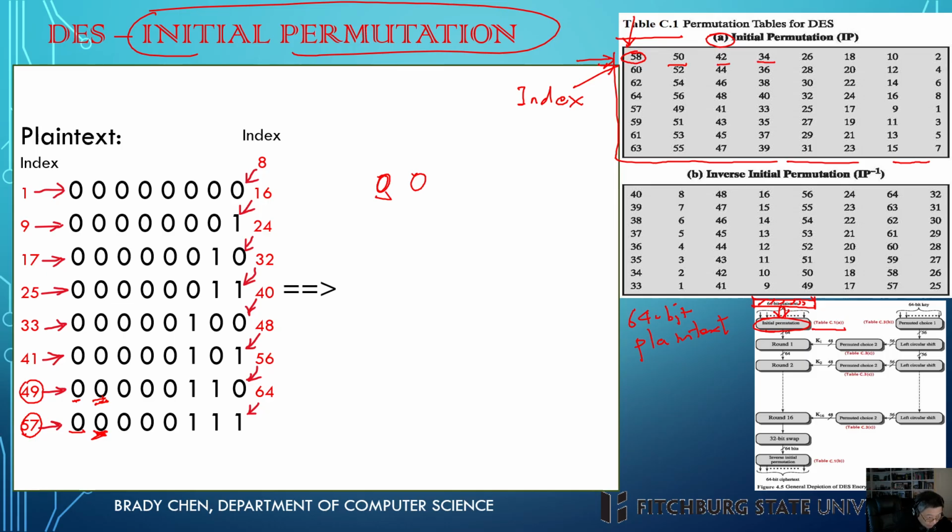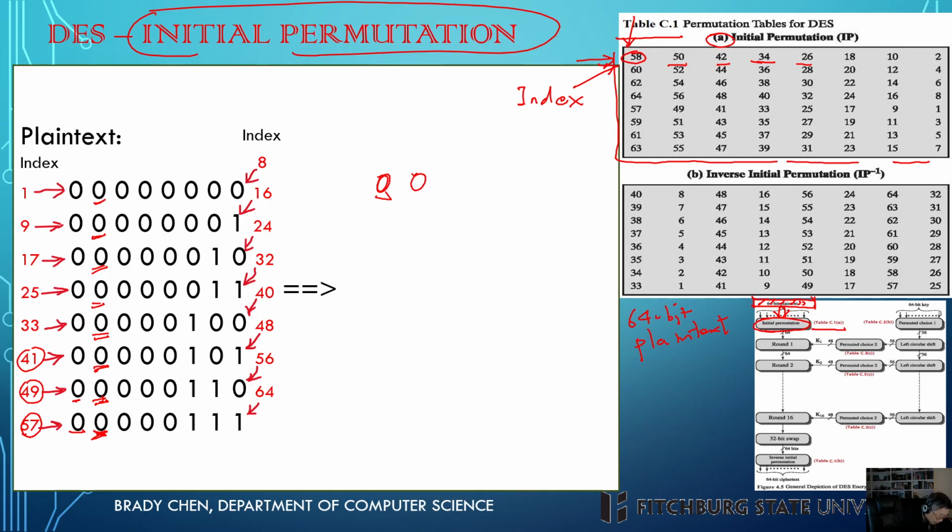Now if we continue to look at the next index and the next index, you'll find a pattern. So where's 42? 42 is this, because 41 is just right before 42. And where's 34? This is 34. And the next one's 26. The next ones are 18, 10, and 2.